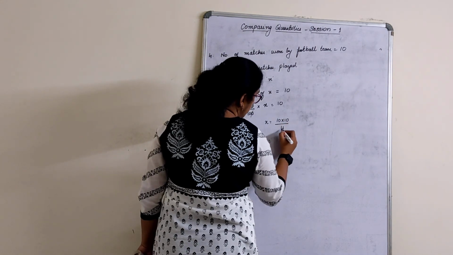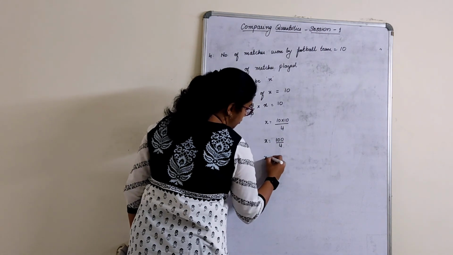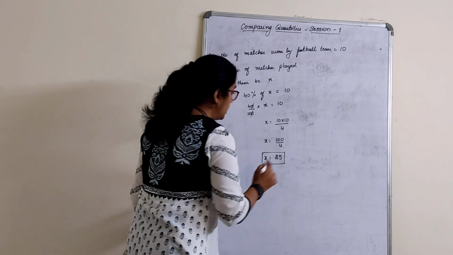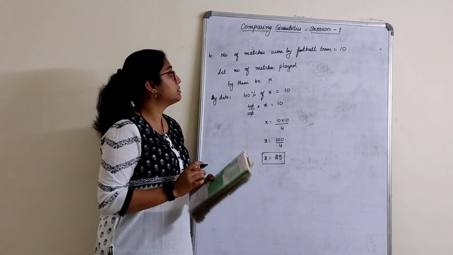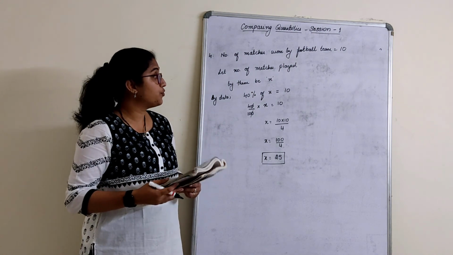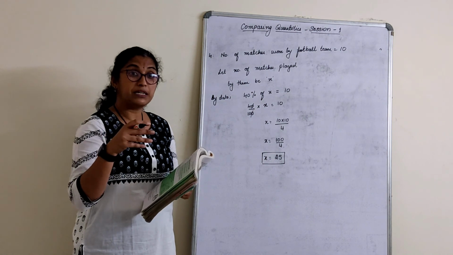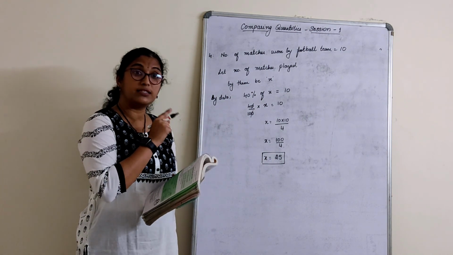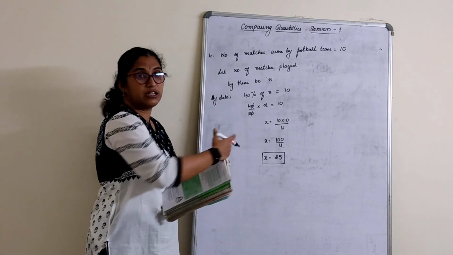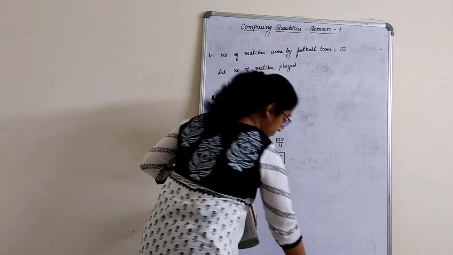X is equal to 100 by 4, which is 25. Now the total number of matches played by them was 25 matches. Out of 25 matches, they have won 10 matches. So the win percentage of these 25 matches is 40%. Okay? I just remind the question and repeat it once again. Next one.